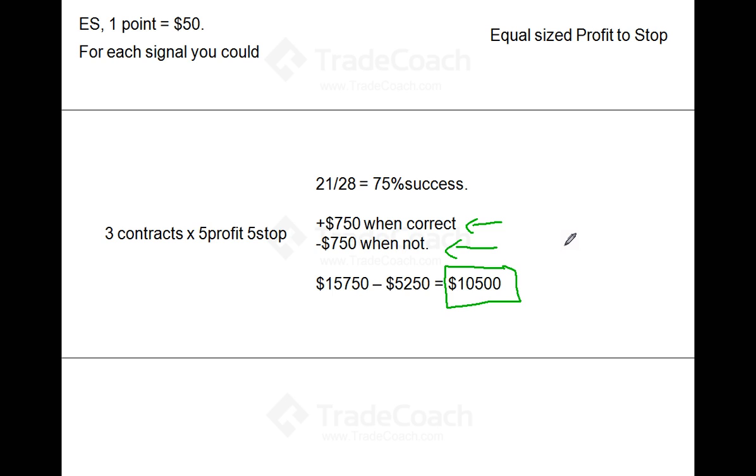So that's our starting point, an equal size profit and stop. Now let's explore every other variation you can dream of. And what you'll see when we study every variation is this figure at the end of the 6 months is about the same. And it's very interesting. And it's good if you do this exercise with some of your own trading plans. So that's with an equal size profit and stop.